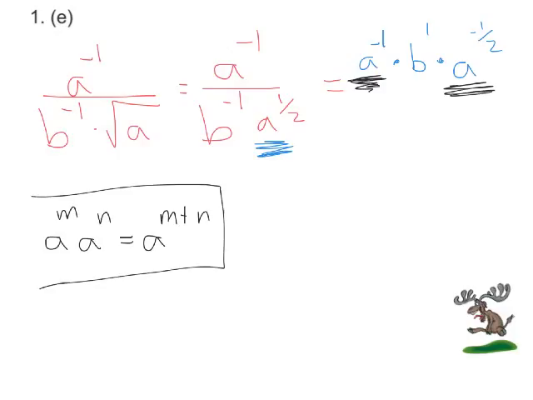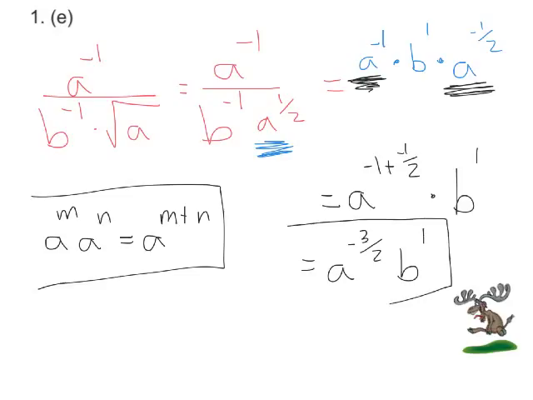So if we apply that property, our a's will combine to a to the -1 plus -1/2, and our b stays by itself. And -1 plus -1/2 is a to the -3/2 b. And we don't need to write the power of 1 up there, but if we want to, we can.